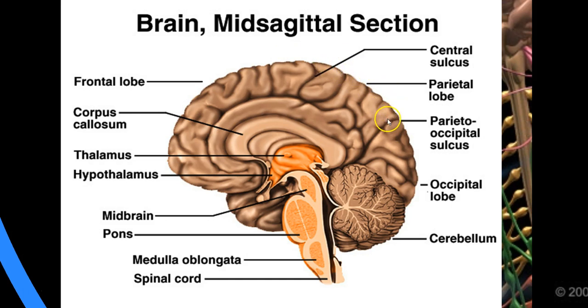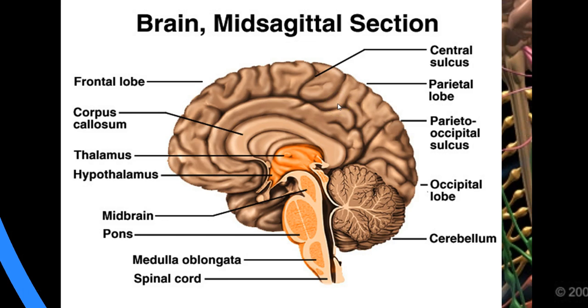The central to rear portion of the brain here is known as the parietal lobe. This is your sensory section of the brain where all sensory information effectively arrives and it makes sense of.